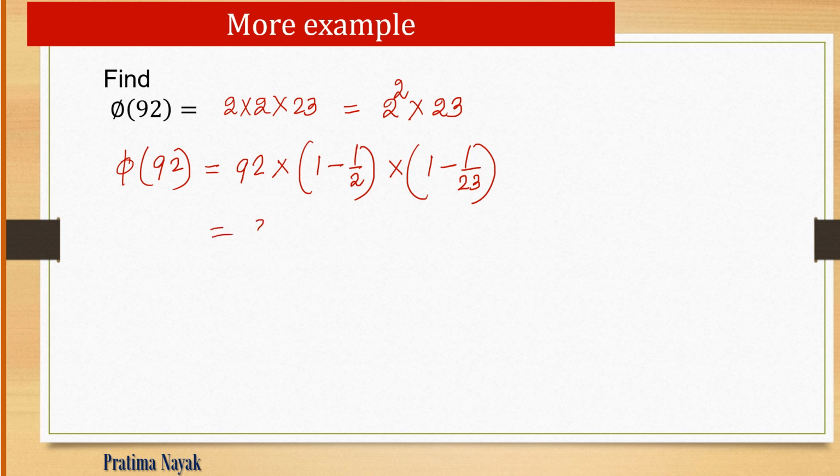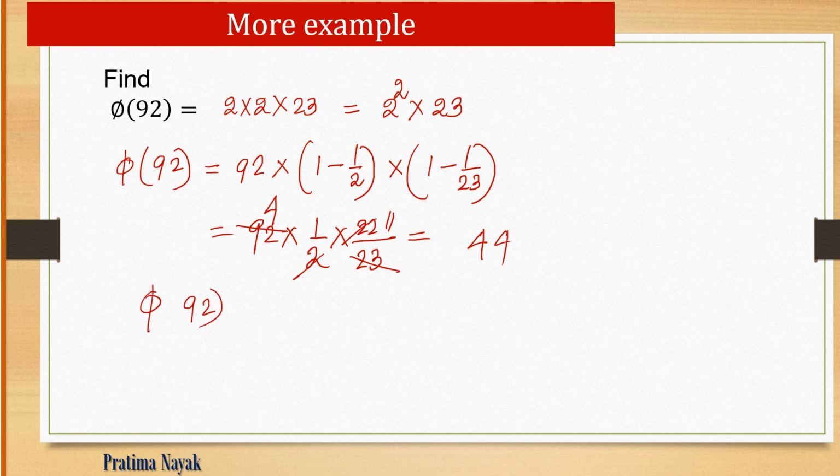So this equals 92 multiplied by 1 by 2 multiplied by 22 over 23. So 23 times 4 is 92, and 22 by 2 is 11. So the answer is 44. So phi of 92 equals 44.